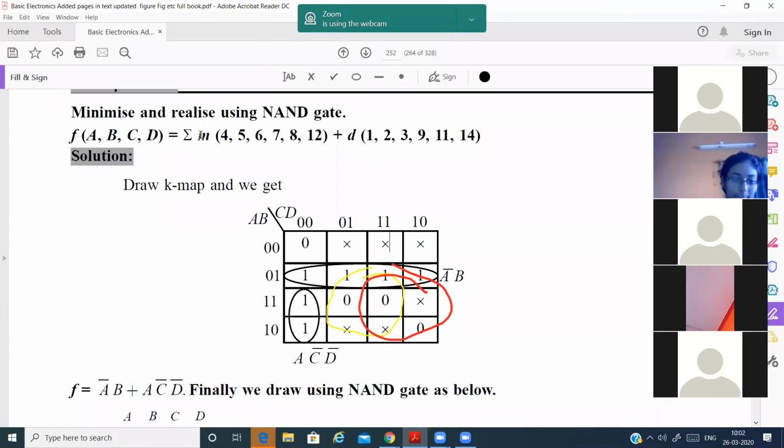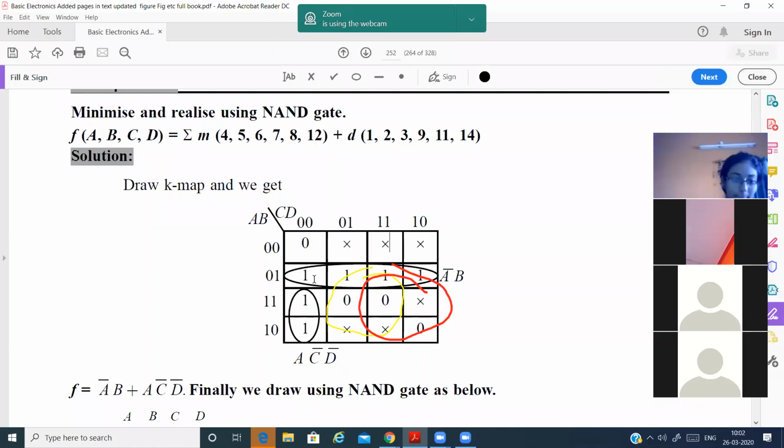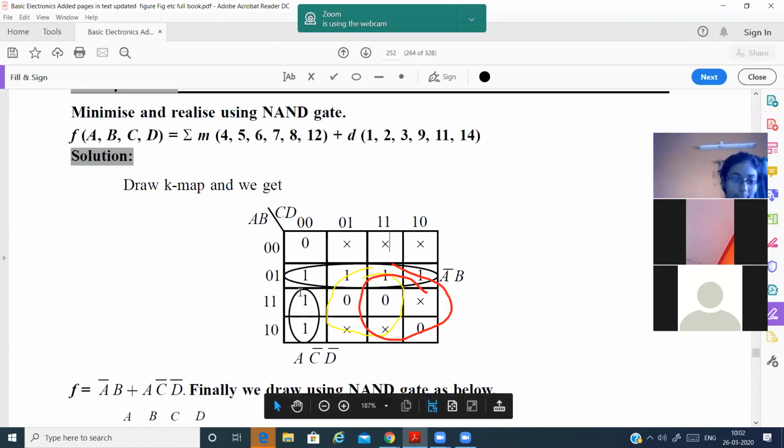Next, in your 3rd semester we have one more subject called Analog and Digital Electronics. There you have one complete module on Karnaugh map only. There you will consider different techniques of K-map and learn all those things. Now just remember, 1, 1, 1, 1, 1. This is one group, and this is the other group.